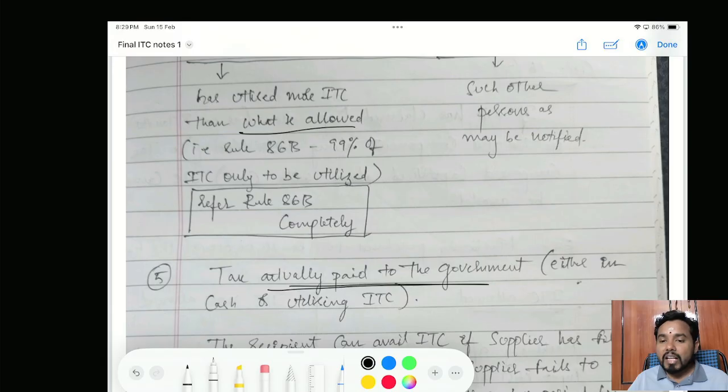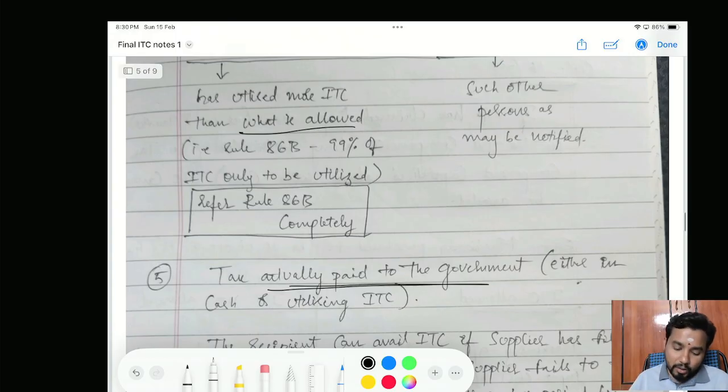If your turnover is more than 6 crores, you can't pay your entire tax liability with ITC itself. You have to restrict your ITC utilization to 99%. 1% you have to pay in cash. However, there are some exceptions for Rule 86B that we will cover in detail later in this same video, in the coming timestamps.